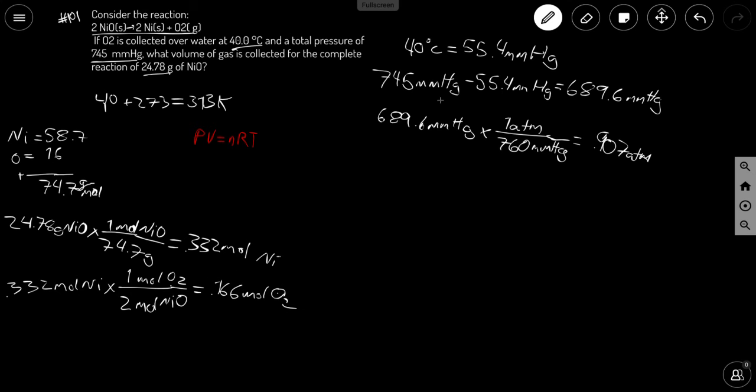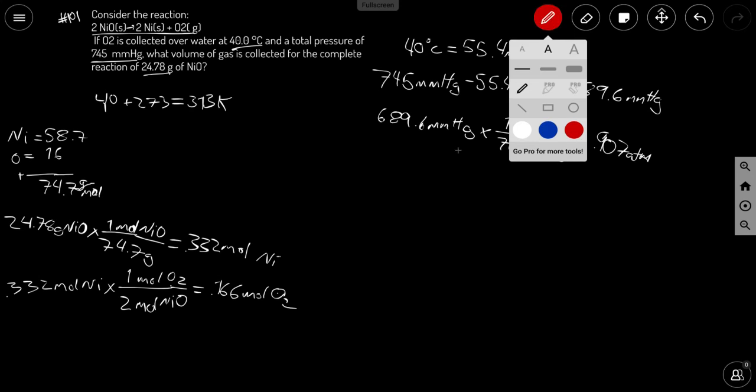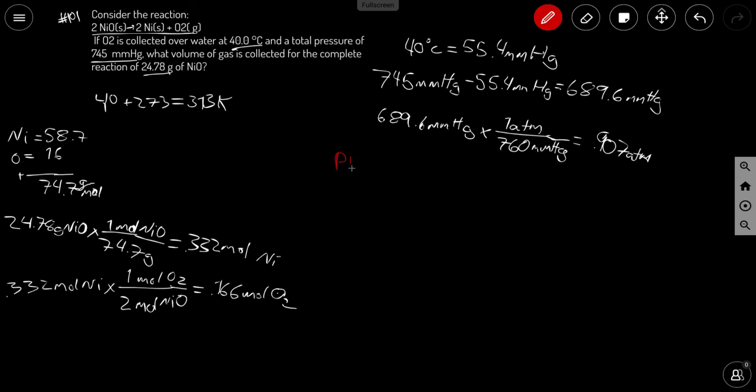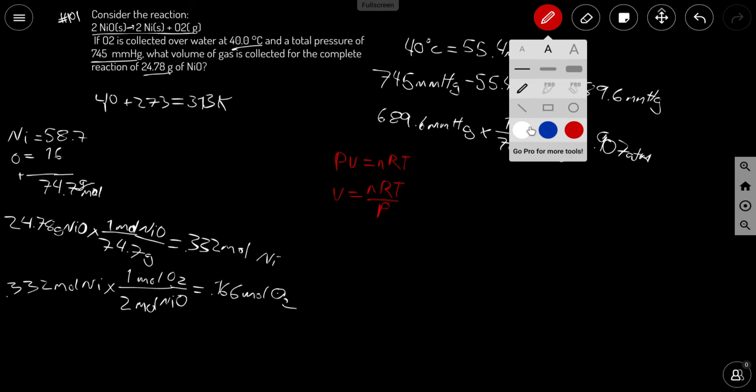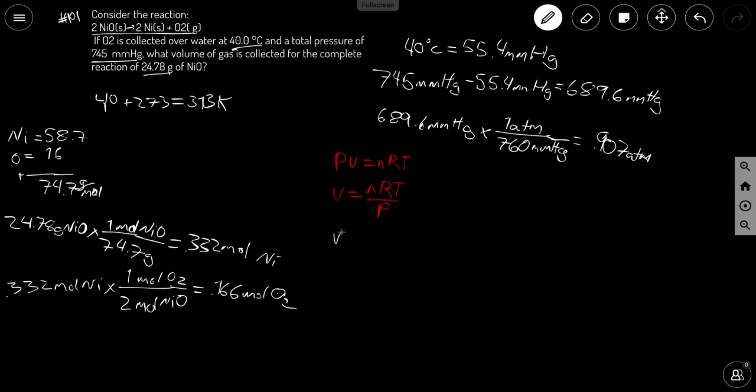So now we can go ahead and plug everything into our equation. I'll go ahead and rearrange it though. Because we're solving for V, I'll isolate it to make everything easier. And then from here, I'm going to just plug in. We found 0.166 moles.